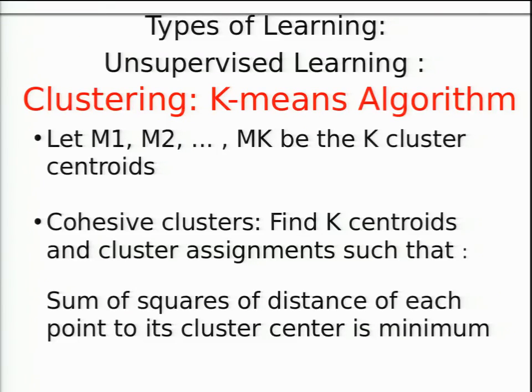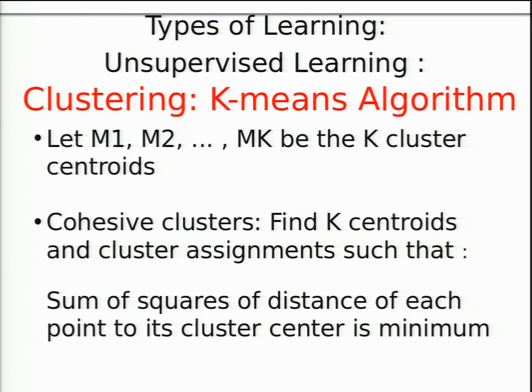The idea of the k-means algorithm is to find the most cohesive clusters. You want the clusters to be as self-contained as possible. So again, like in the case of classification and regression, we want to come up with some objective function that helps us to find cohesive clusters.